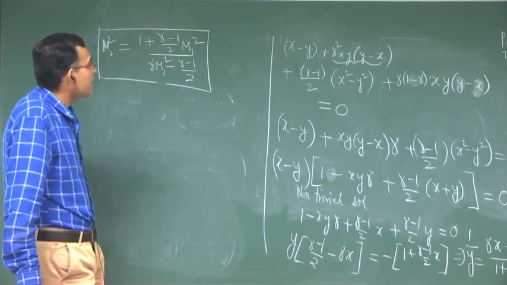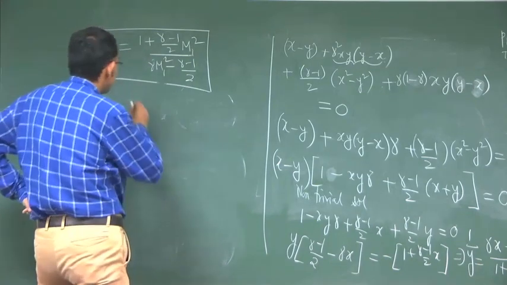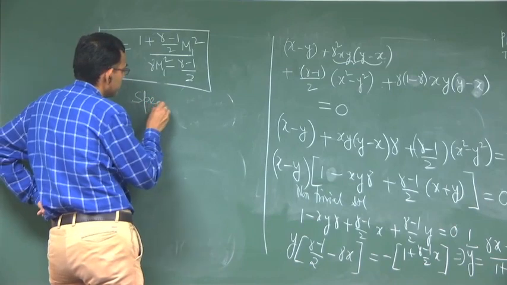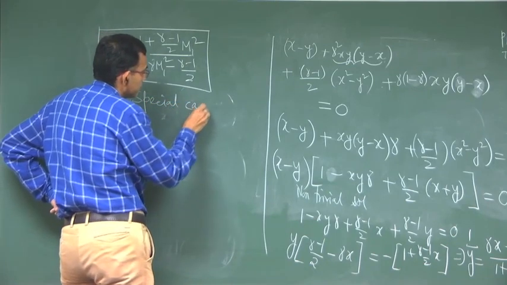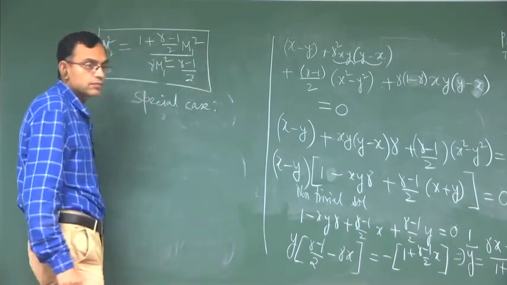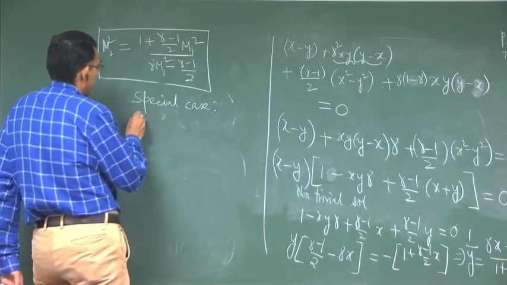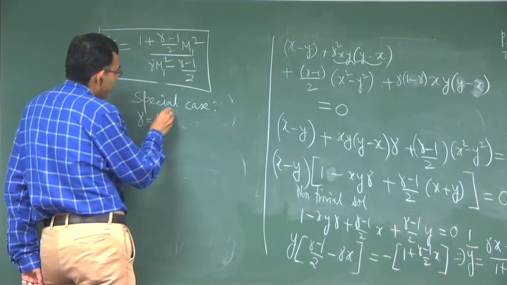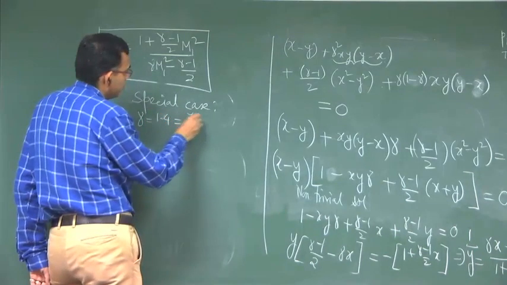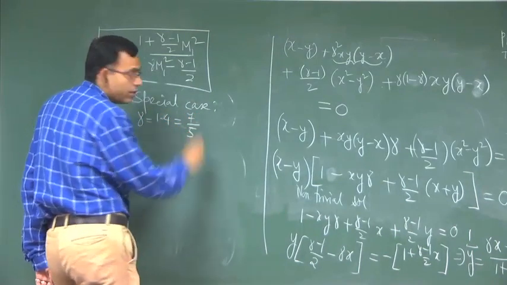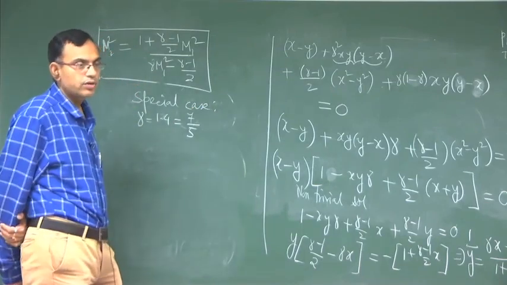What about air? Special case. Gamma is equal to 1.4, that is 7 by 5. Okay.